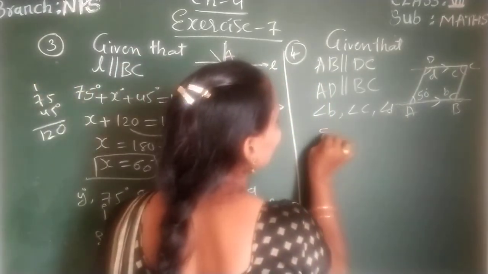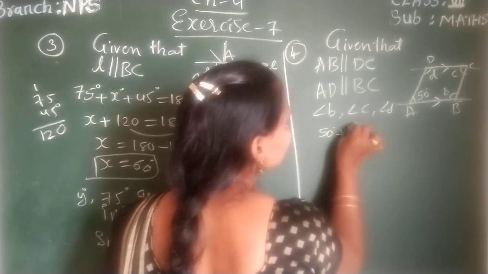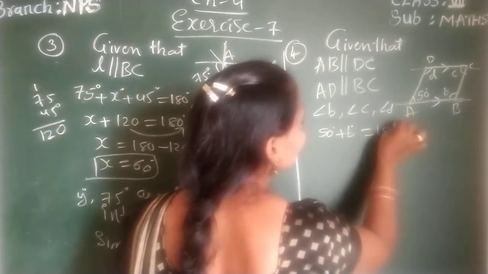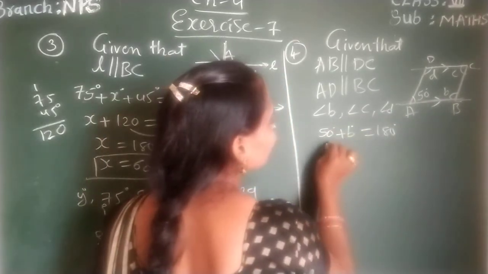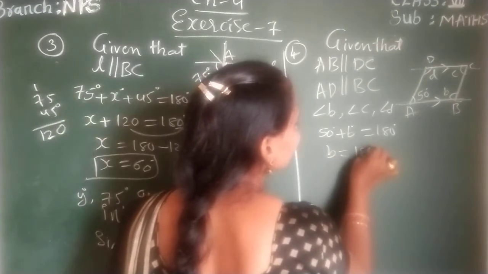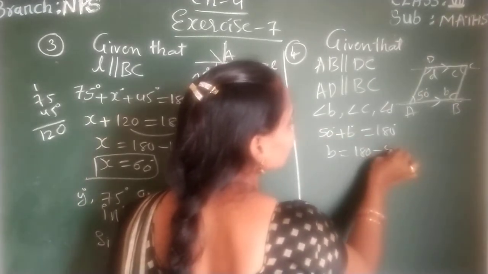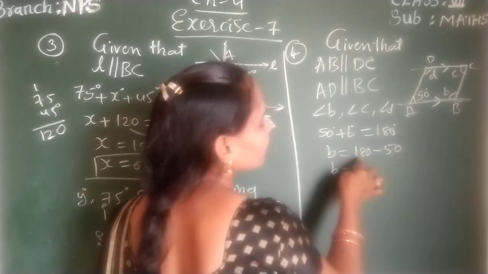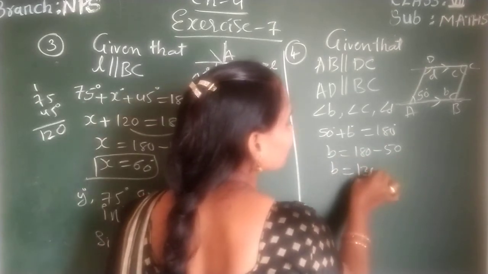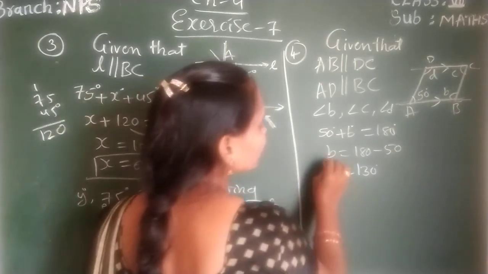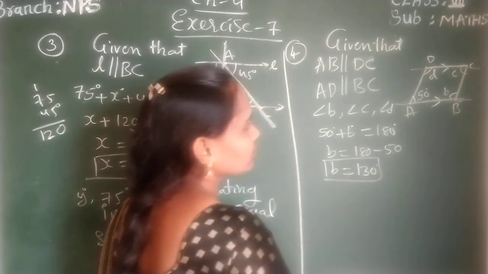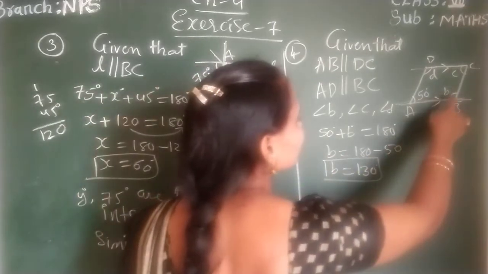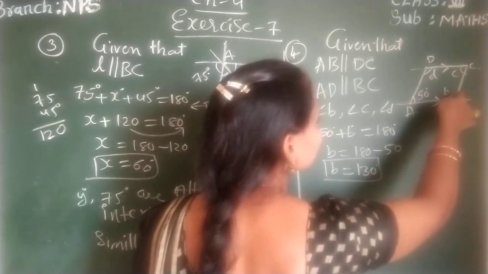Now 50 degrees plus b degrees is equal to 180. Now b is equal to 180 minus 50. If you subtract 50 from 180, how much will you get? 130 you will get. See, b value is 130. In a similar way, here also b plus c.